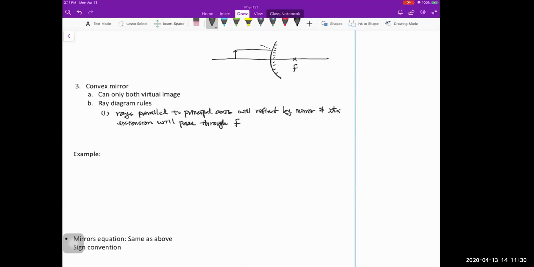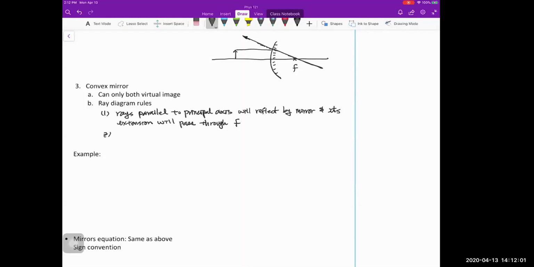But we make the extension of this reflected light, and it will pass through the F. So the light actually reflects back, and the extension of that will pass through the F. So how do you find out where it reflects back? You draw the line from the mirror to the F point. That's the first line I drew over there.